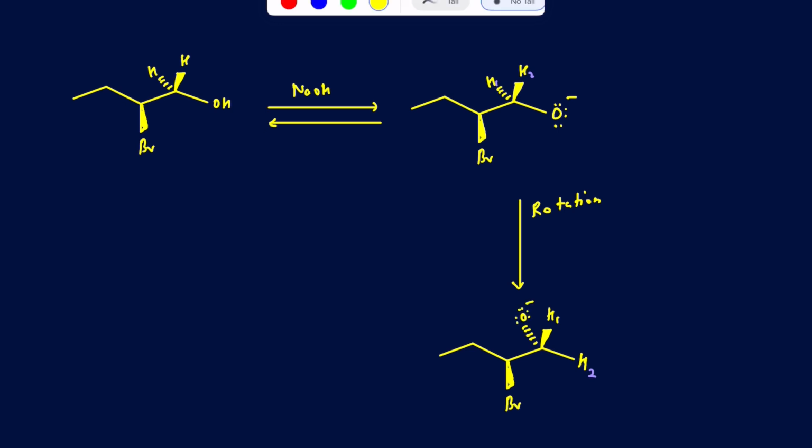It doesn't really matter because it's not a chiral center. I can easily get this oxygen back in the page. Now I can run an SN2 mechanism here very easily because it will be easy for it to do a backside attack here, and the bromine would leave. So that's an SN2 orientation.